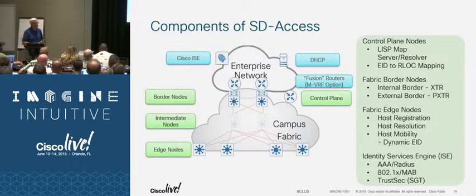As far as the topology, you're pretty much going to have to do it on an area by area basis, however it makes sense for you. But yeah, chances are you're not going to flash cut the whole thing. You're going to want to do it step by step, and that's what Kadar actually goes through in that session on migration later this week. So yeah, that is a challenge.